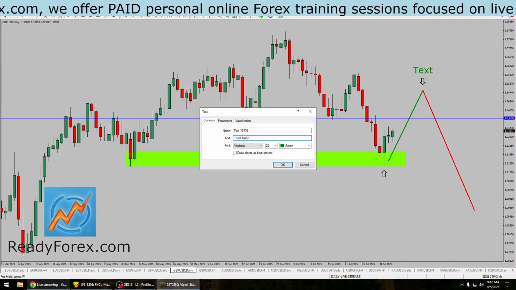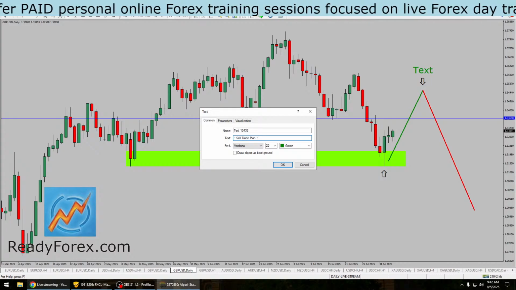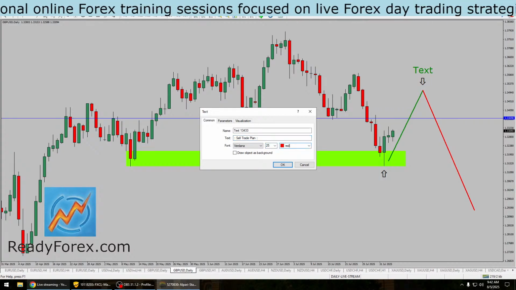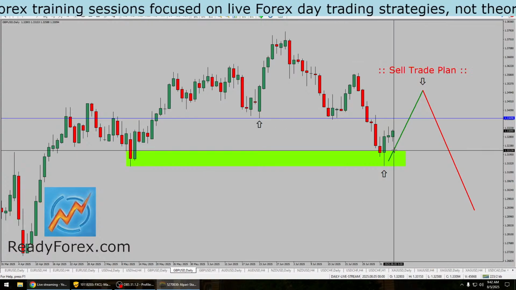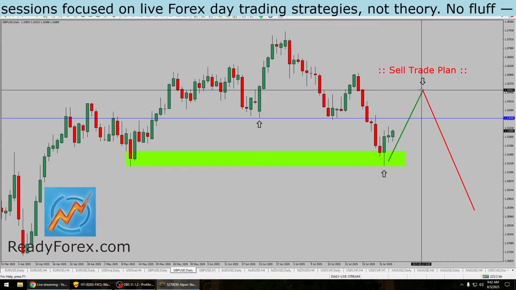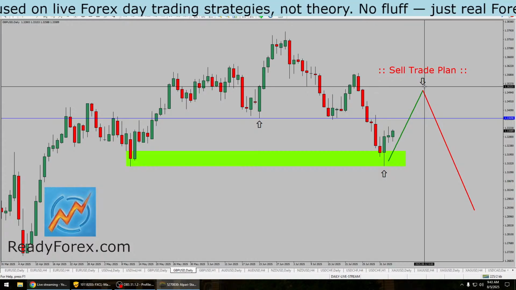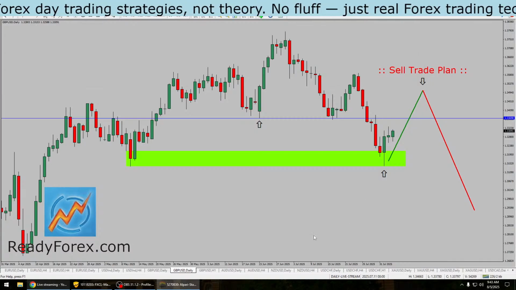Okay, let me write it down. Sell trade plan. Which suggests that GBPUSD is going to rise up first, and then somewhere up there, if we get a sell trade setup, then look for some sort of a short trade.